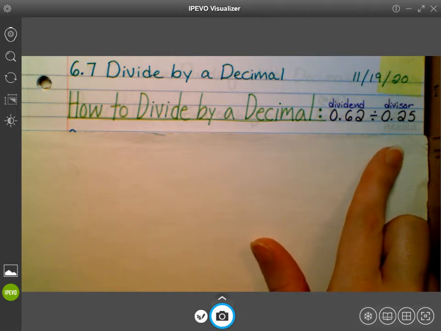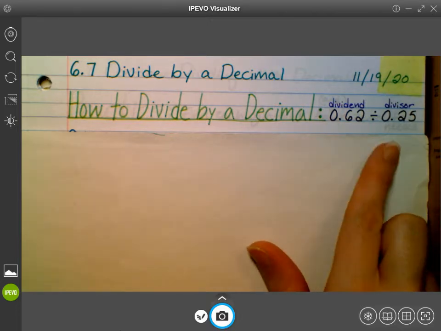So we have dividend and divisor. Give me a quiet thumbs up on your desk when you have this written down. Thank you, Michael and Allison and Emmy and Will, Mackenzie, Addie, Frankie, Grayson, Theosius, Layla, Drew, I think.